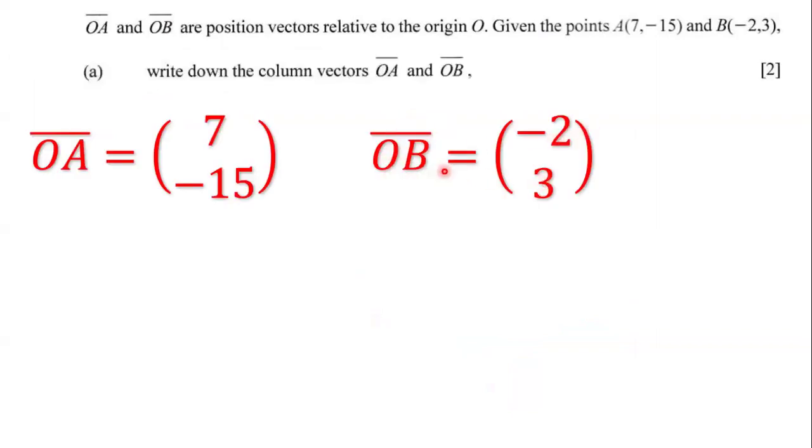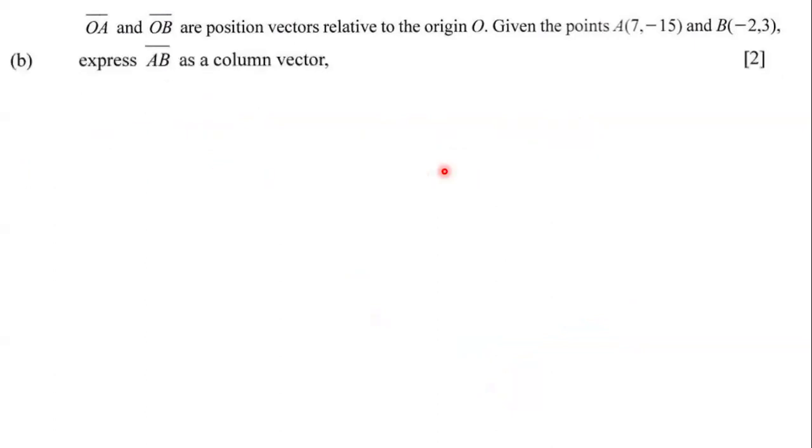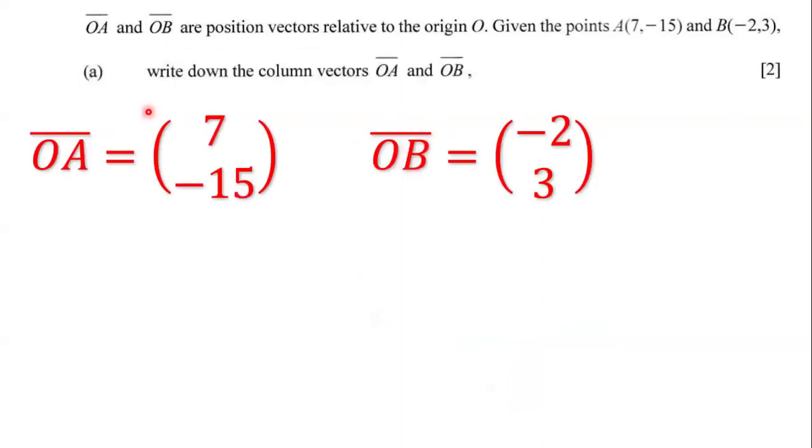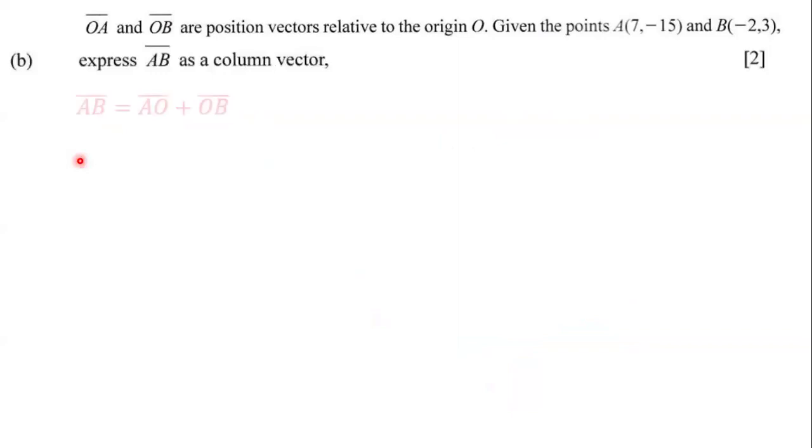The only thing is we do not know what AO is. But the good thing is we have OA, and so all we have to do is switch the letters. So we switch from AO to OA because we know what OA is.